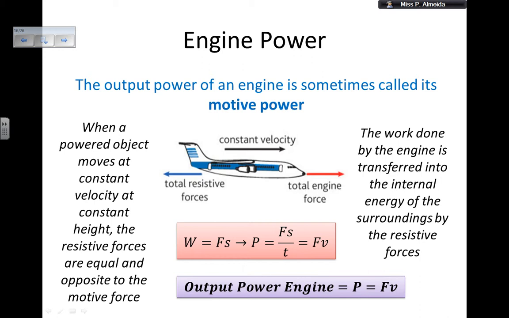Now, if my powered object is moving at constant velocity, it means that the forces are balanced. And again, go on a video that I have about forces in equilibrium, or balanced or unbalanced forces.